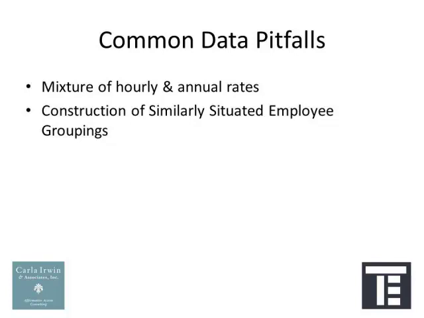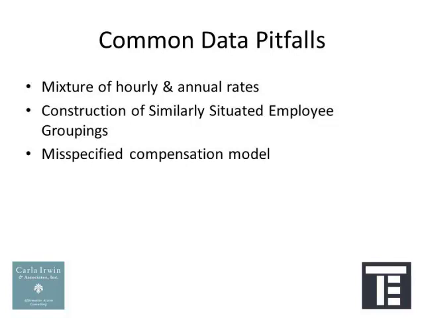So similarly situated employee groupings is really a key issue when you're looking at your compensation data for internal equity. And that's one of the biggest pitfalls, is how those groups are constructed. You want to construct them carefully. You want to think about it, because however you construct those groupings, that's going to serve as a memorialization of your view of the workforce. So you need to be prepared to live with it.